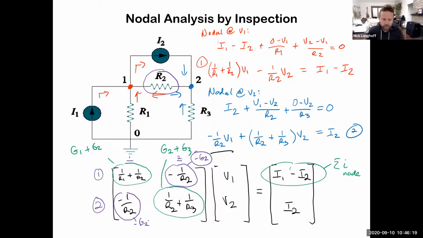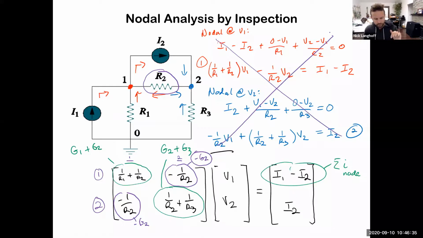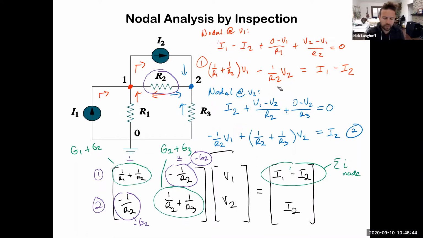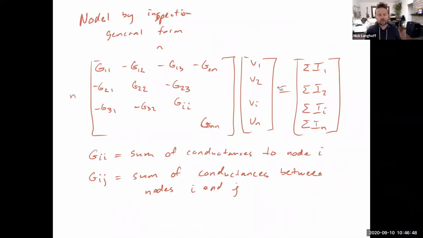So what I'm actually going to propose is that you don't even need to do this by nodal equations. If you do nodal analysis by inspection, you can completely skip the nodal analysis setup if you trust that this process works. I'll take off my X marks there, so we are leaving the derivations on there, but that in fact is true.